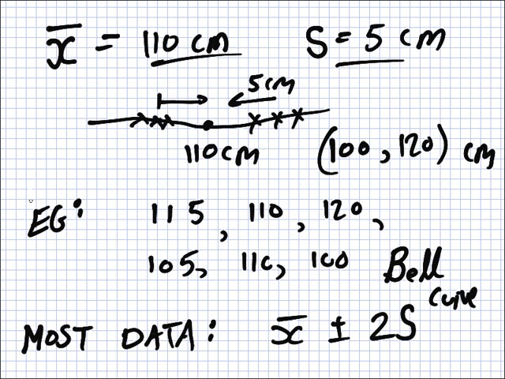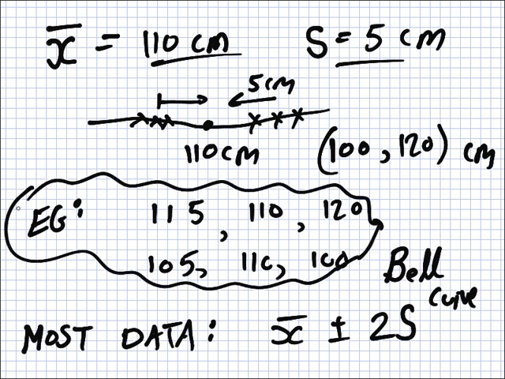Now, this is just me making up some numbers in my imagination. If somebody says to me the average is 110 and the standard deviation is 5, and I need to imagine what the data looks like, I imagine something like this. I'm not imagining numbers like 200, am I? Why is 200 obviously wrong? It's way too big, isn't it?